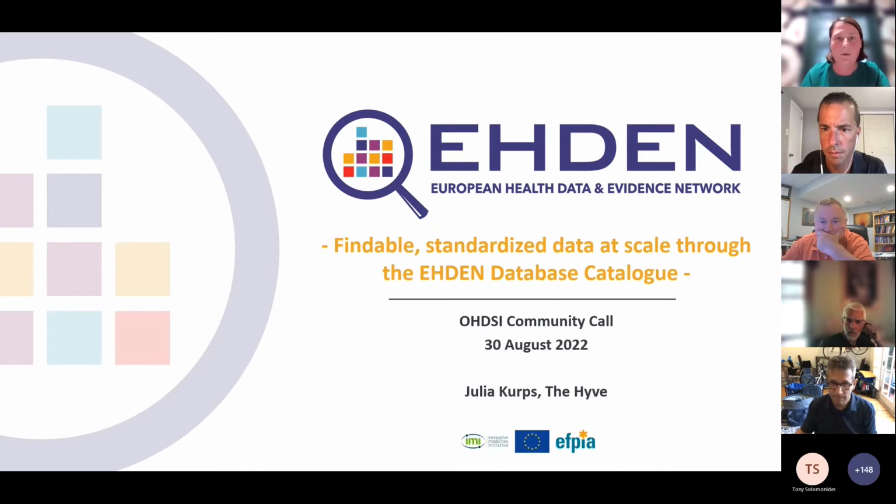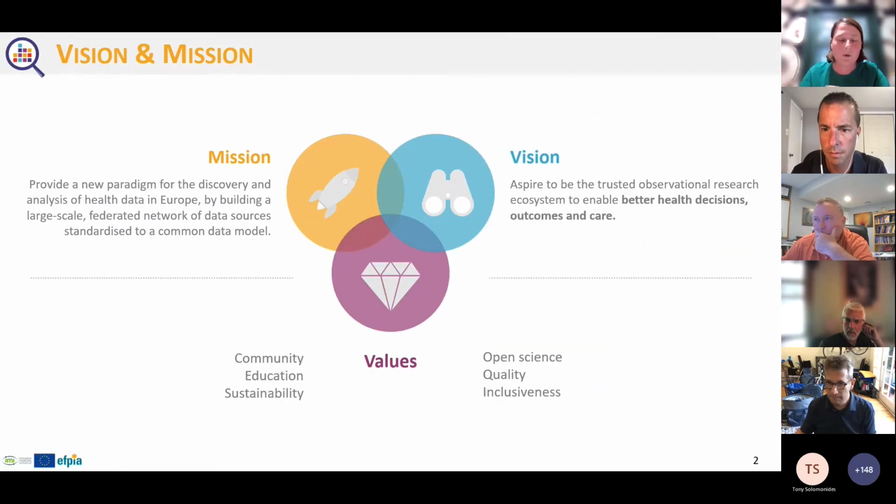But let's start with the recap of EHDEN. EHDEN stands for the European Health Data and Evidence Network. What we're trying to achieve is a paradigm so that we can use the huge amounts of European health data that's collected routinely on a daily basis and leverage this data to analyze health data.